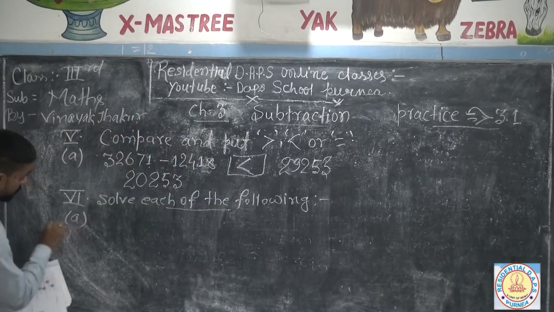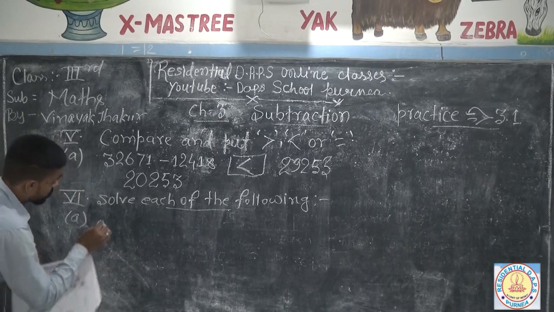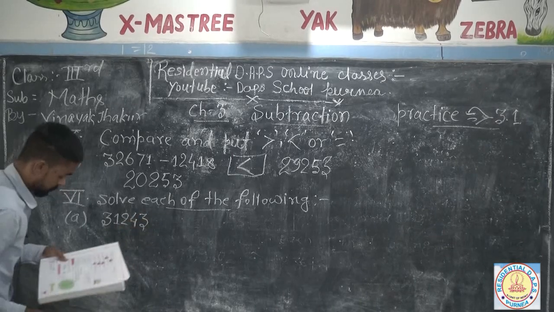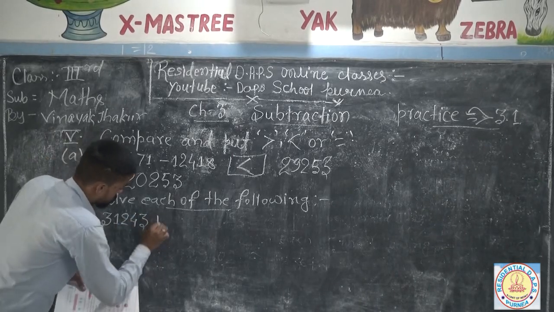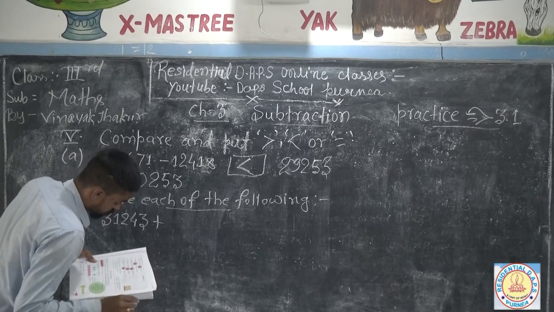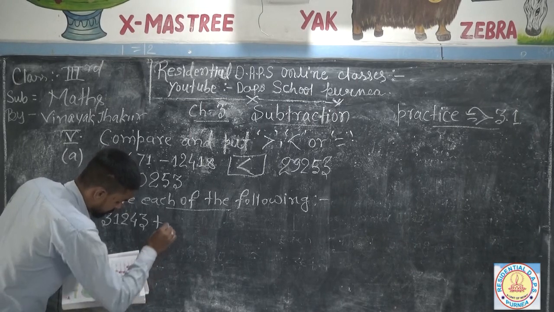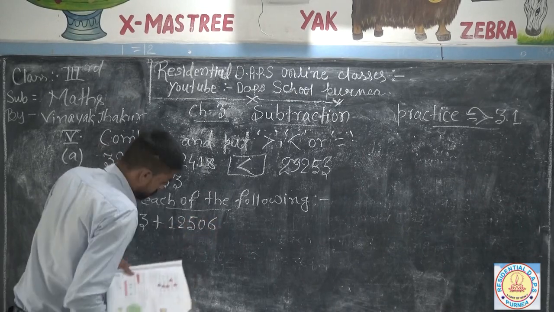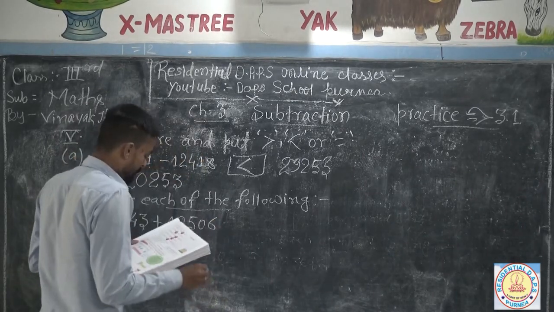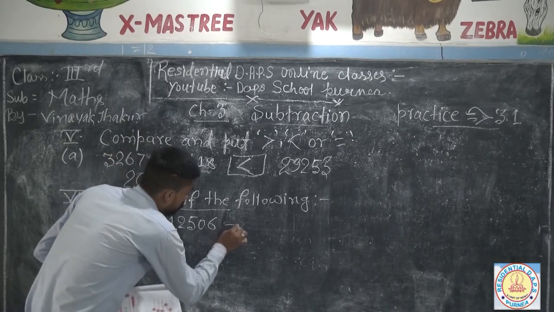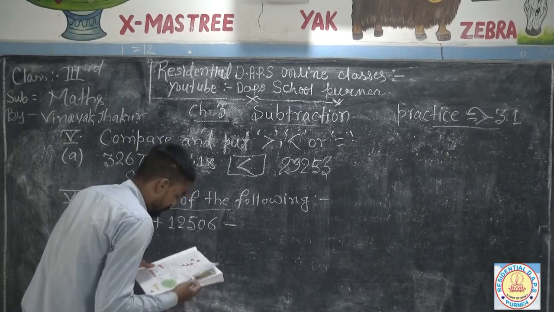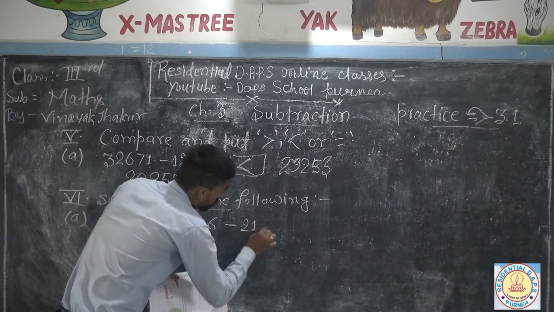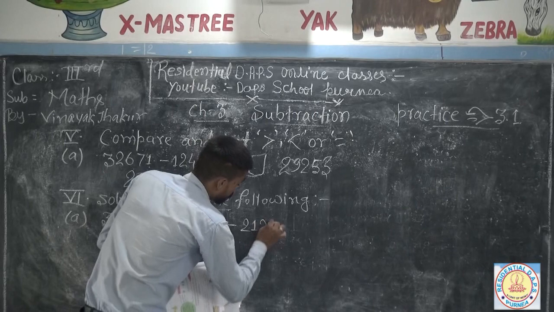In your question number A, here is 31,243 given here, and then putting the symbol of plus, then 12,506, which is the second number, and then put the symbol of minus, then 21,255.